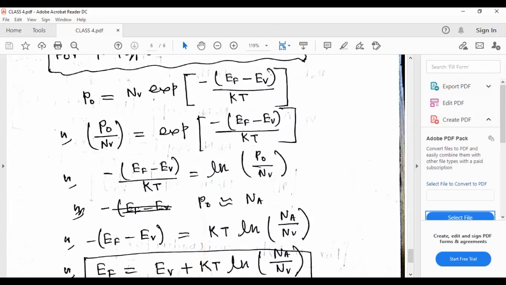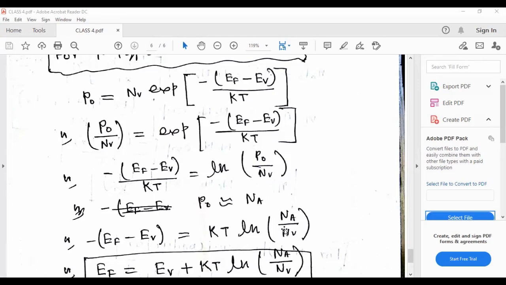So I think we have given enough mathematical explanation of why the Fermi level should lie exactly at the middle position for an intrinsic semiconductor under certain conditions, why it gets shifted towards the conduction band for an n-type semiconductor, and why it gets shifted towards the valence band for a p-type semiconductor.